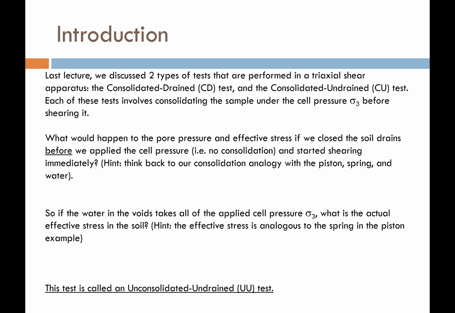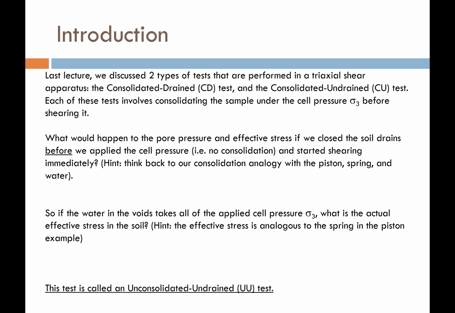The next test that we talked about is the consolidated-undrained triaxial test, where it's similar to the CD test in the first stage, where we allow the soil to consolidate, but in the second stage we close the drains before we begin shearing the soil, and in doing so we do not allow the volume of the soil to change.